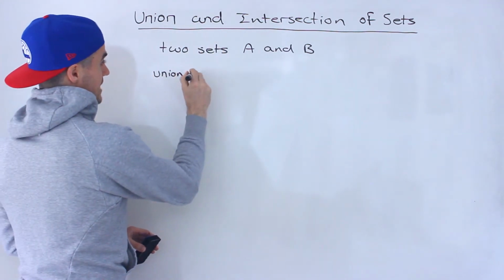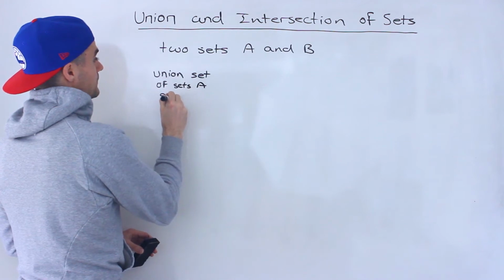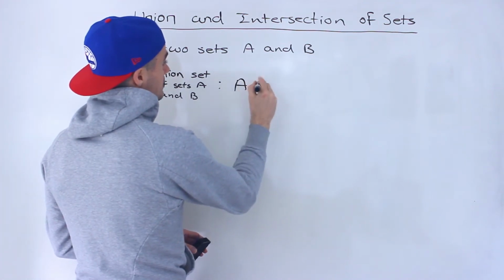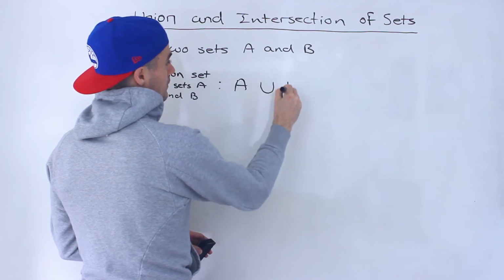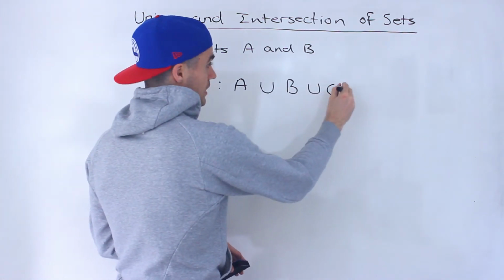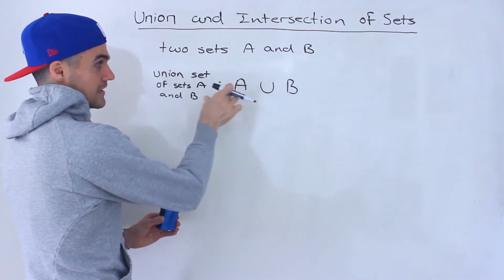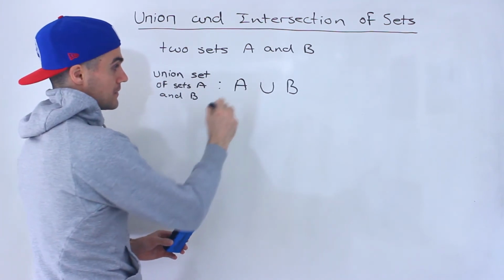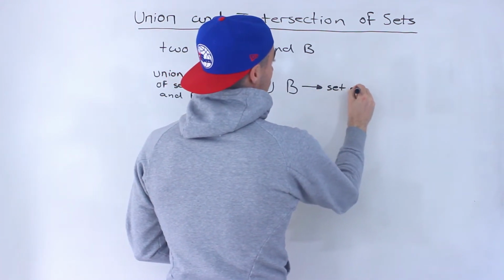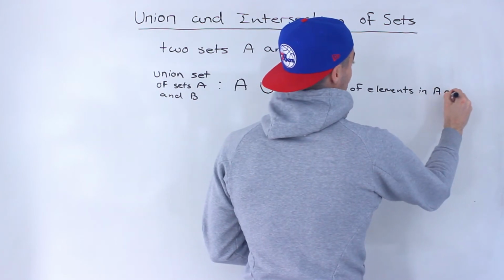So I'm going to call this the union set of sets A and B. The notation for this, the way you're going to see unions represented, is A, then this U here, B. And if there's more than two sets, you'll continue having U, C, U, D, etc. So this represents the union set of sets A and B. Basically what this set gives you is the set of elements in A or B.